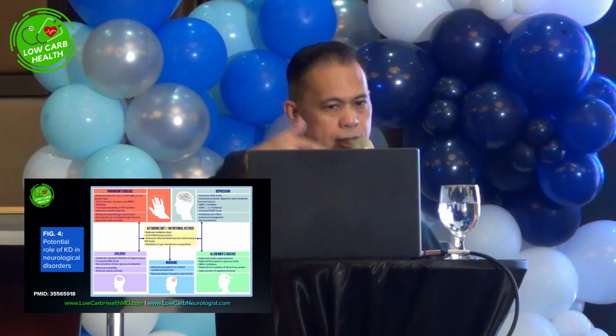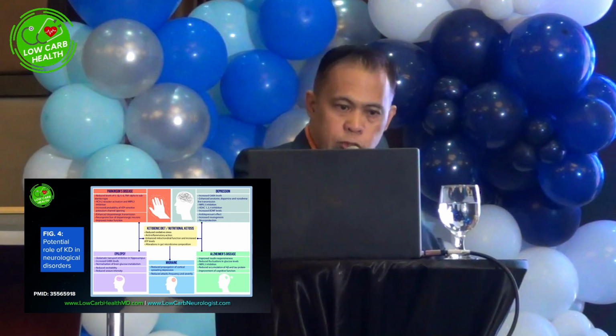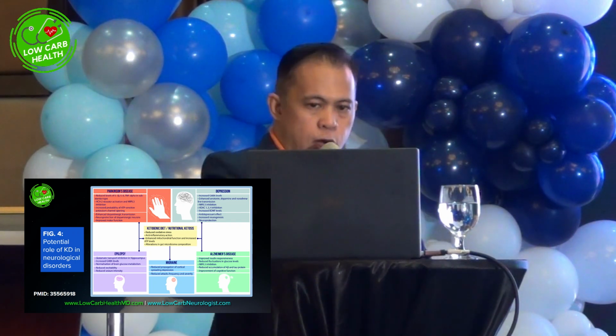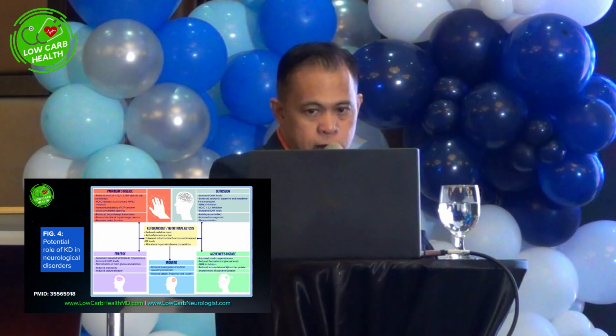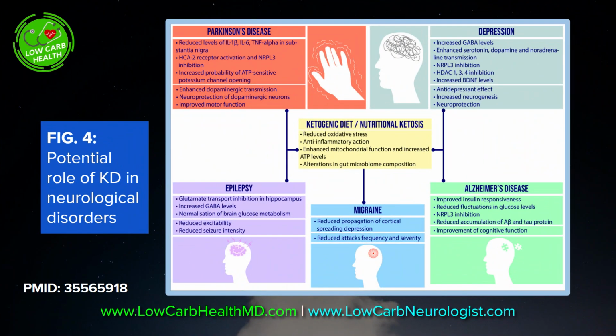This figure nicely illustrates the whole spectrum of the ketogenic diet in relation to neurological disorders. What does the ketogenic diet or the subsequent nutritional ketosis do? It reduces oxidative stress, it decreases inflammation, it enhances mitochondrial function and mitochondrial bioenergetics, and to a certain extent it also improves the gut microbiome.